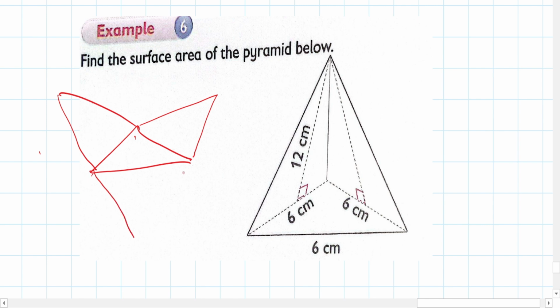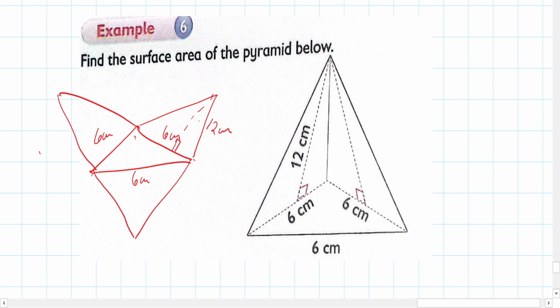Yeah, so you'll have something like this. But this is 6 centimeter. Here we have 6 centimeter, we also have 6 centimeter, and obviously the height is going to be 12. The height is 12 centimeter all round.